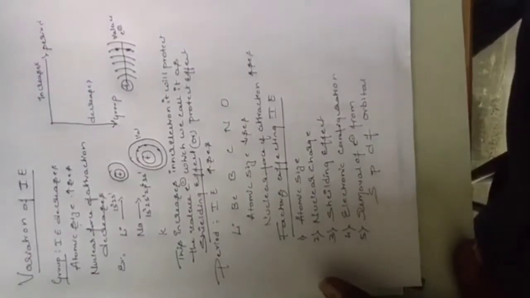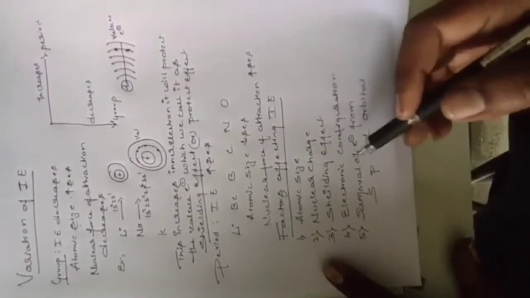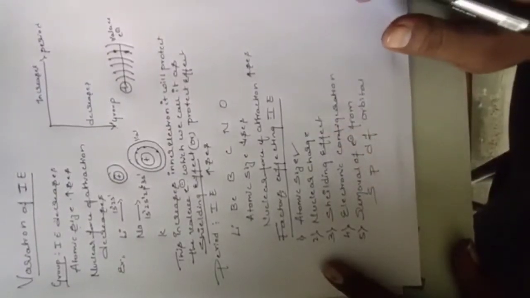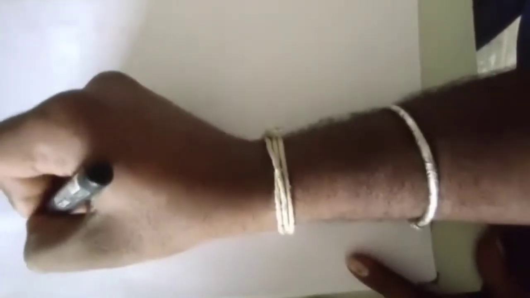Okay, next we are going to talk about the first factor, atomic size, and its effect on ionization energy. Atomic size determines the distance of the valence electrons from the nucleus.